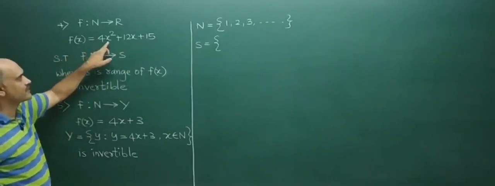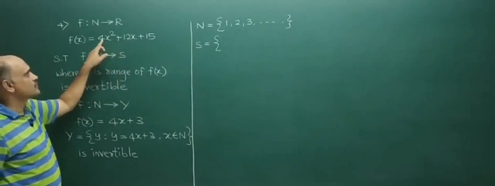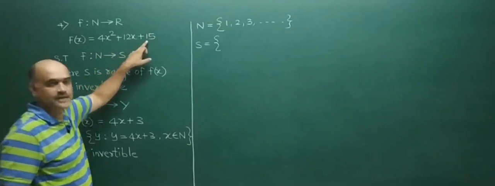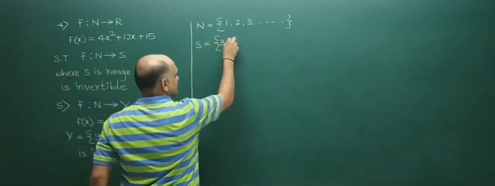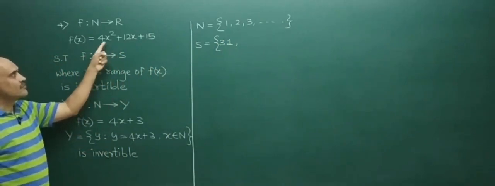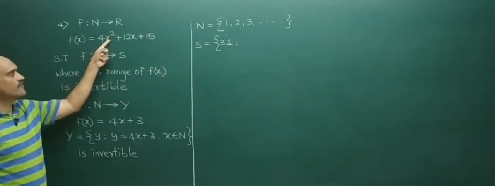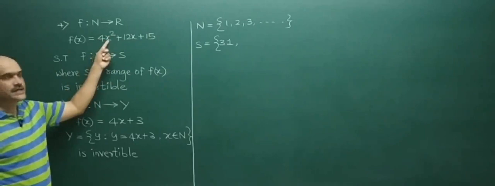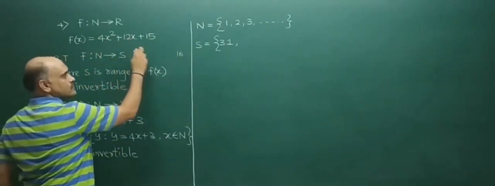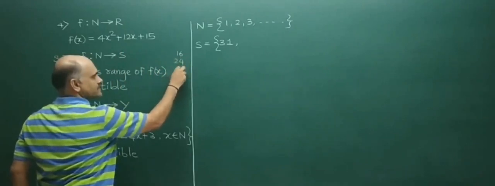If I put x equal to 1 over here, 4 plus 12 is 16, 16 plus 15 is 31, the first term. If I take x equal to 2, 2 square is 4, 4 into 4 is 16. If I put 2, 12 twos are 24 plus 15.